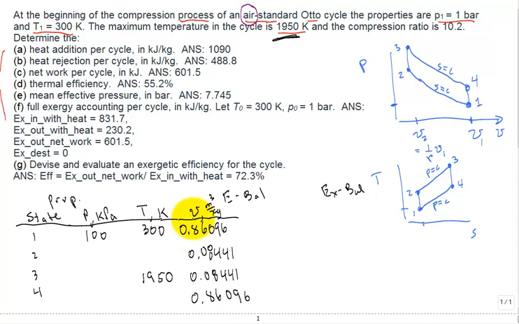Now, how do I calculate, let's say, the temperature at 2 or the pressure at state 2? Well, it depends on your assumption, and you have to read the problem statement carefully. Did it say a cold air standard analysis? If it did, you would use constant specific heats evaluated at 300 Kelvin.